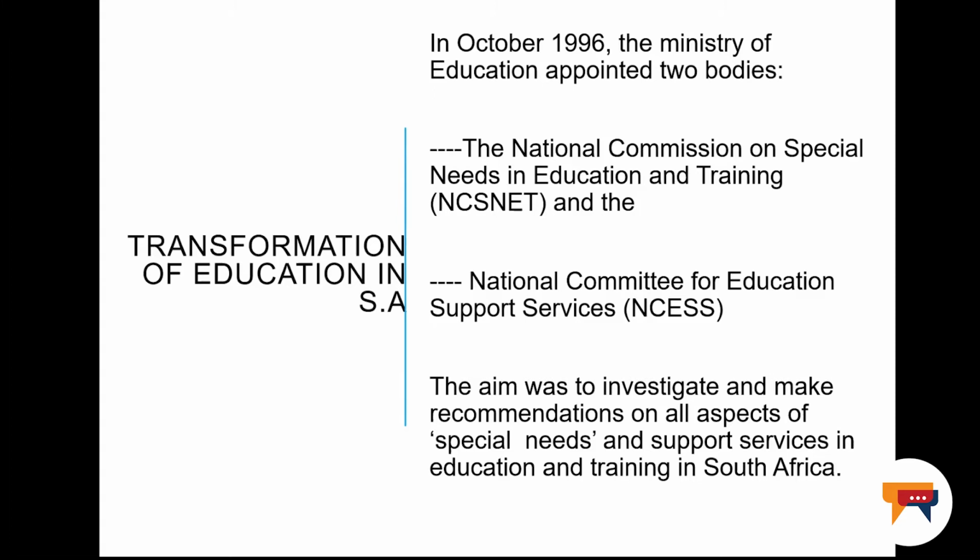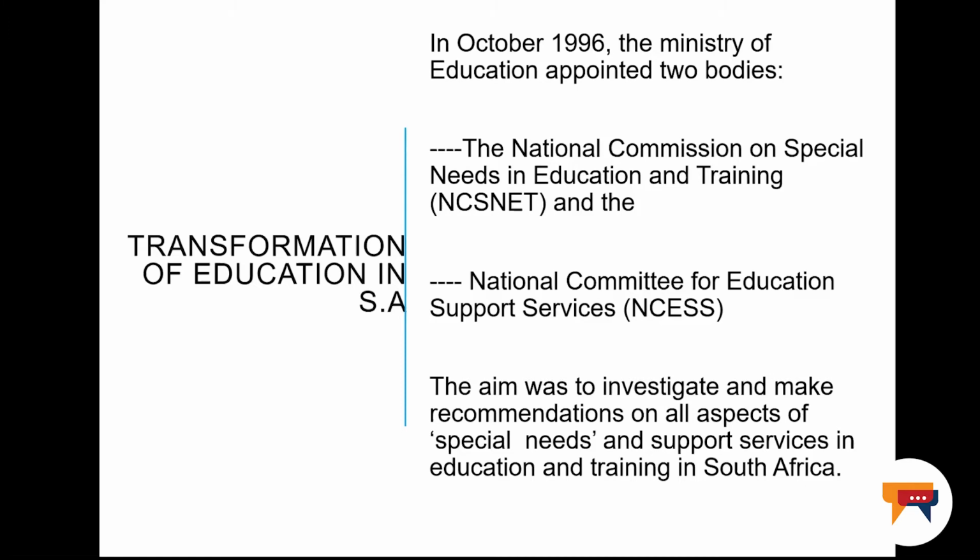The role of these teams was to investigate and make recommendations on all aspects of special needs and support services in education and training in South Africa. In other words, these 2 bodies were appointed so that they can go out to all South African schools to investigate how education and support services were offered to all learners.